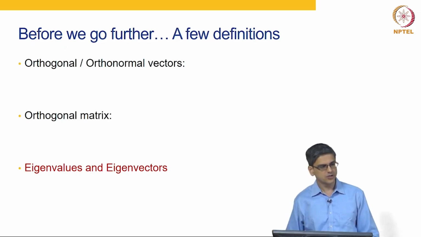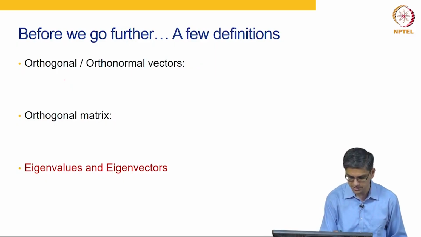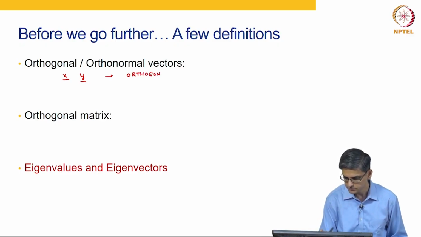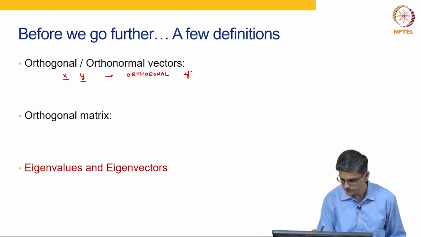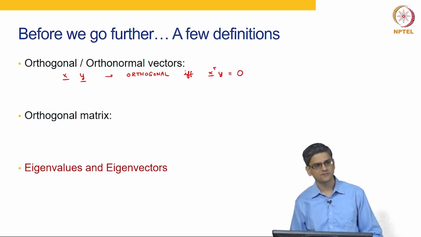Now, before we go further, let us define orthogonal vectors. Let us say you have two vectors x bar and y bar. They are orthogonal if x transpose y equal to 0.